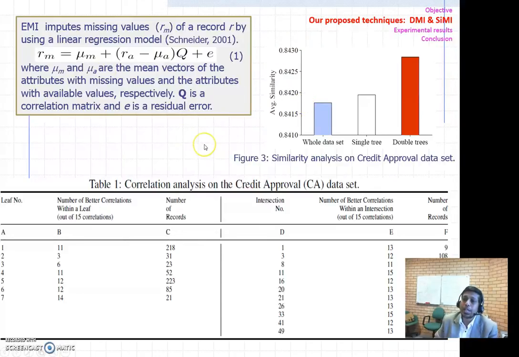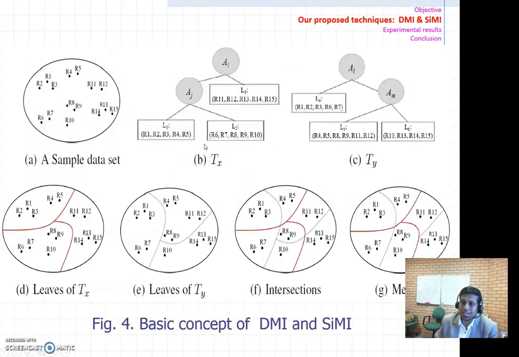And how do we find better segments? We actually build decision trees. So this is, for example, the whole data set, and there are, say, 15 records. R15 is the 15th record. We can build a decision tree to classify a class attribute, and then say, for example, our first tree TX has 3 different leaves where R1, R2, R3, R4 and R5 belong to leaf 1, and other records are divided into other leaves.